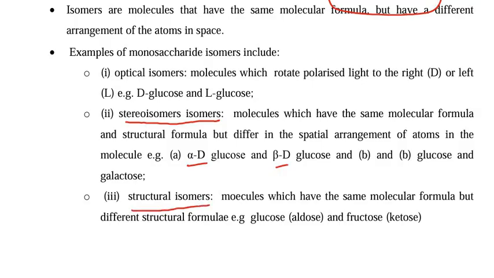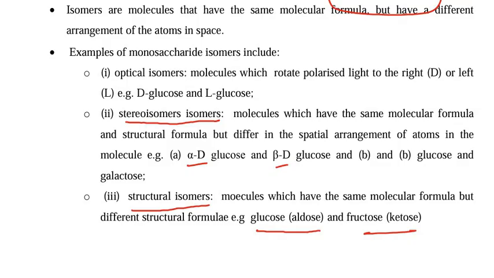The other type of isomer that you can have are known as structural isomers, molecules which have the same molecular formula but different structural formula. It's like discussing an aldehyde and a ketone. I showed you how the glucose structure is and how the galactose is, and we can compare the two, but that will be a bit hard to see because they are both aldehydes, right?